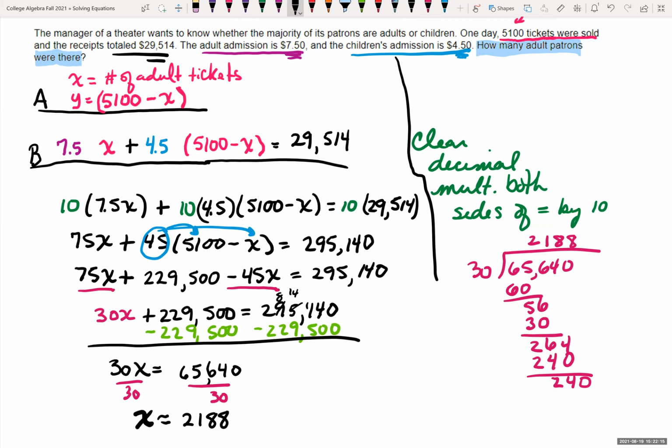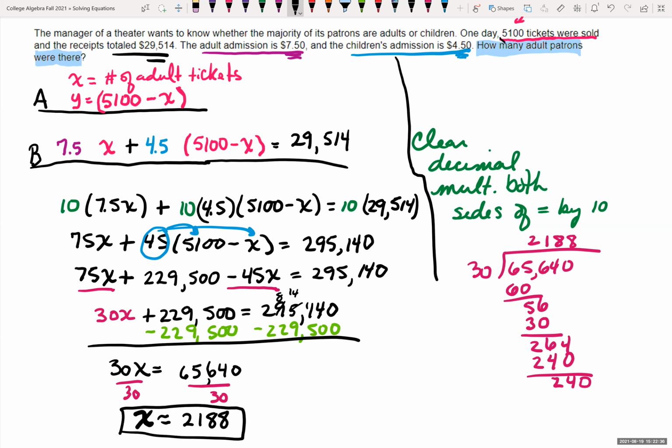So it's important to realize, does your answer make sense? So for instance, if I had gotten a decimal here or a fraction, that wouldn't make sense because it wouldn't make sense to sell a partial ticket, right? And so I would probably think that something went wrong there. The other thing is, I got 2,188.